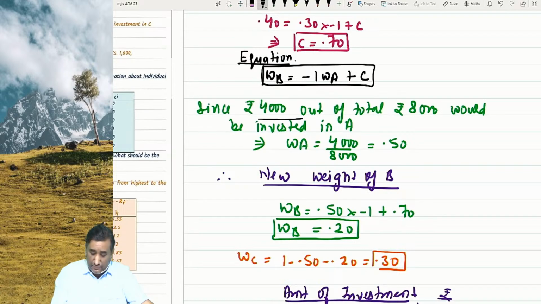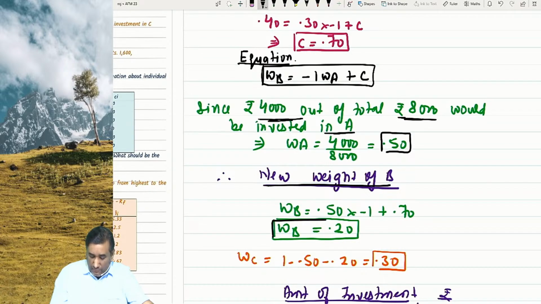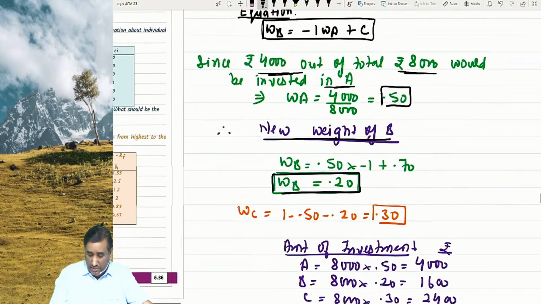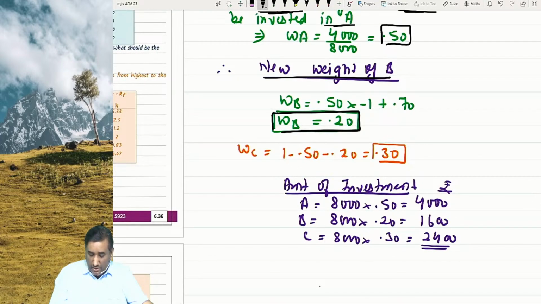WB is equal to minus, since 4,000 out of the total 8,000 would be invested in A. That means the weight of A would be equal to 0.5. The new weight of B, when we put it in the equation, we get 0.2, and the weight of C would be 1 minus 0.5 minus 0.2. In the book I might have given the shortcut answer, since the weight of C is constant at 0.3.